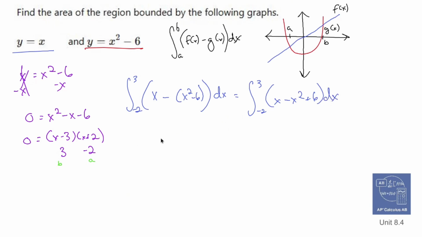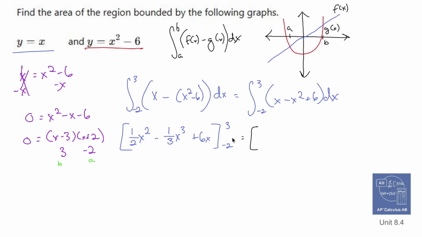And let's integrate that. So you have 1/2 x squared minus 1/3 x cubed plus 6x with limits at negative 2 and 3. Ugh, this is not going to be fun.